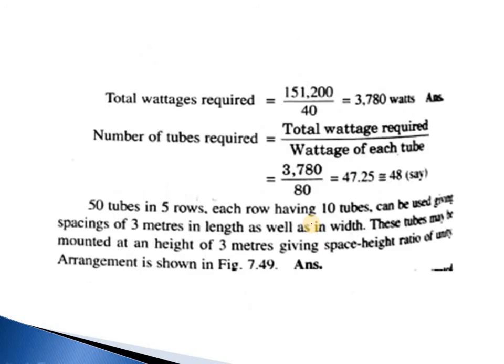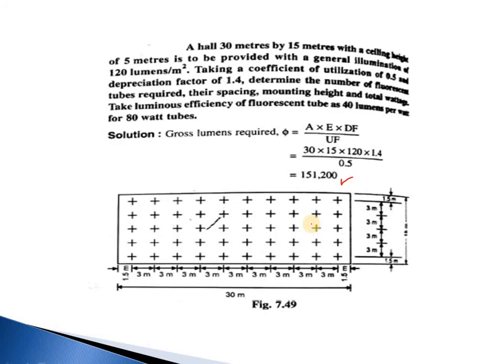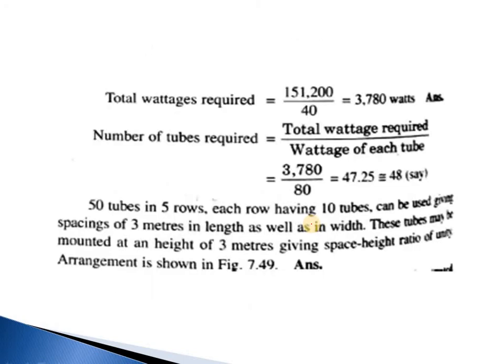Now the total wattage requirement uses the same formula: total lumen requirement divided by the 40 lumens per watt. For the tubes, that is 80 watts, so it will be divided by 80. The number of tubes required will be the total wattage divided by the wattage of each tube, and we are getting 48.